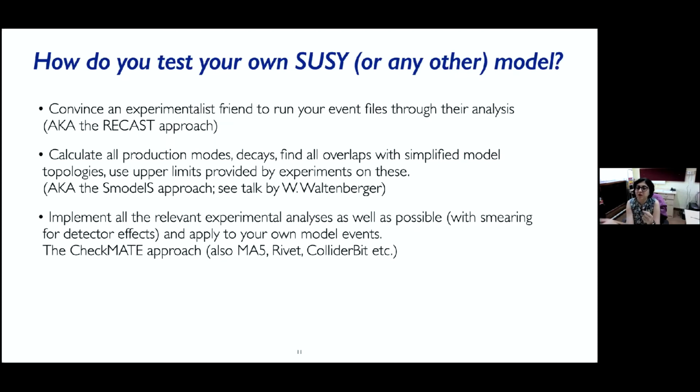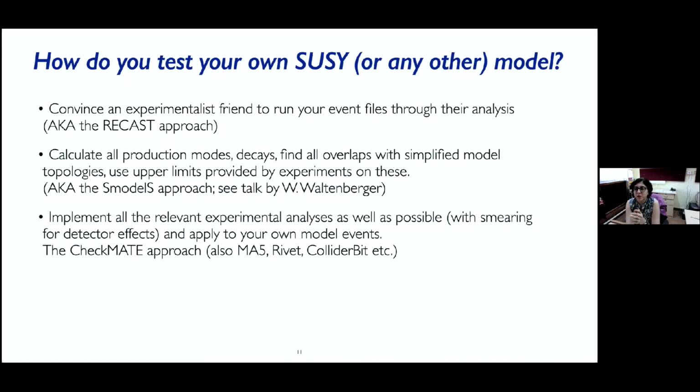And the third approach is to re-implement the analysis yourself in a simplified way with some smearing for detector effects, and then you can parameterize how wrong you are. I mean, how well these detector smearing things agree with what the experiment is actually doing, and so on.